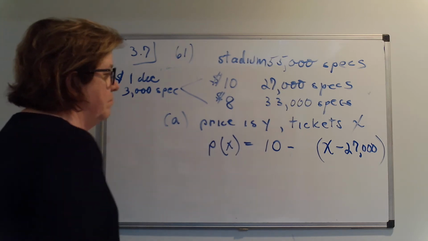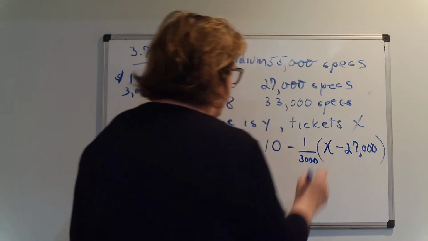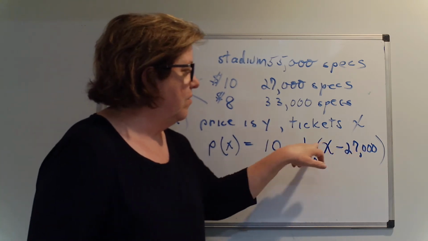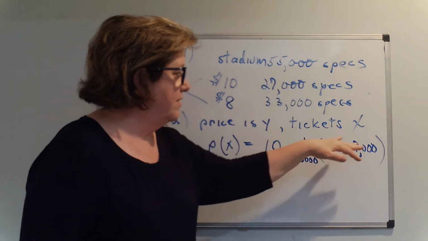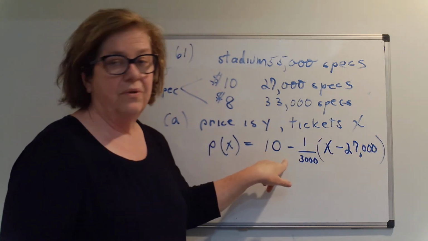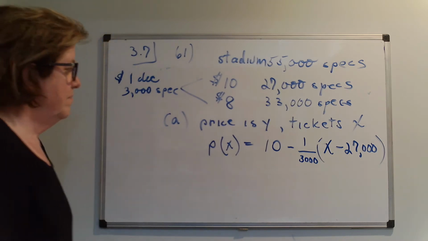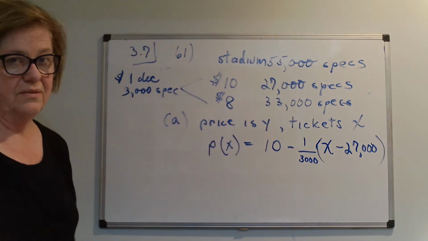So what I need to multiply by here is 1 over 3,000, because for every 3,000 that fits into this difference, I need to pull the price down by $1. So this is what our demand function is.